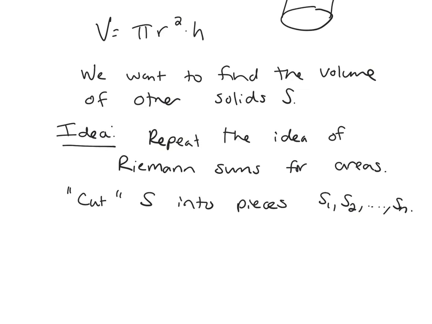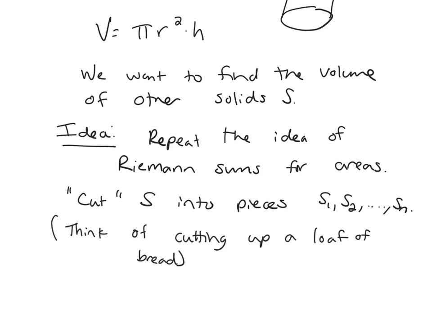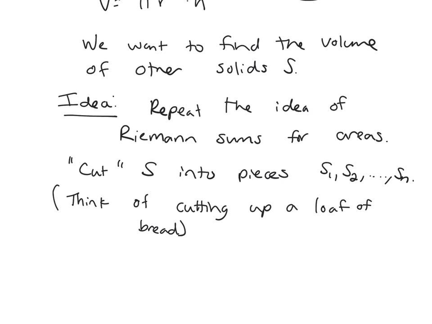So maybe I'll write here, think of cutting up a loaf of bread. And so then I've got these wedges, these pieces, whatever shapes they are. And the idea is each one of those, I'm going to use a cylinder to represent, to approximate that volume there.